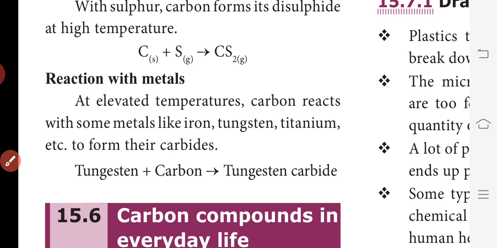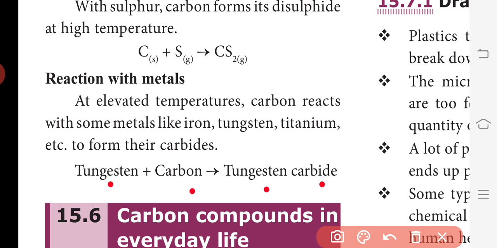At elevated temperature, carbon reacts with some metals like iron, tungsten, titanium, etc. to form their carbides. Where is tungsten present? Inside the bulb. So tungsten plus carbon gives tungsten carbide.